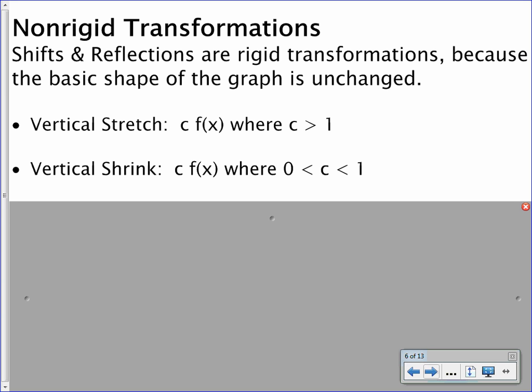Okay. Notice for both of these we're multiplying by a C value on the outside. All right. If C is bigger than 1, then we have a stretch. We're stretching it vertically. Okay, so we're making it taller almost. If our C is between 0 and 1, then we're shrinking it vertically. We're going to squish it vertically, make it fatter.